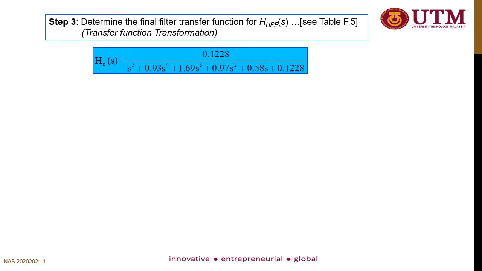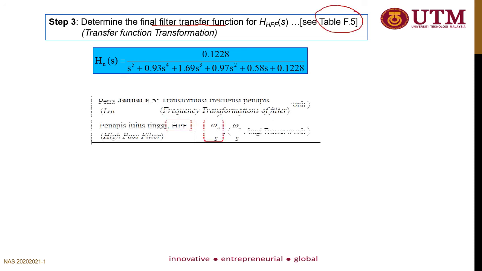Once you have your normalized transfer function, you can get the final transfer function by a conversion or transformation. Please refer to table F.5. In this case we have a high pass filter, so make sure you refer to the high pass filter equation for Chebyshev.